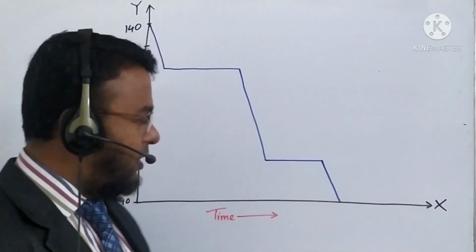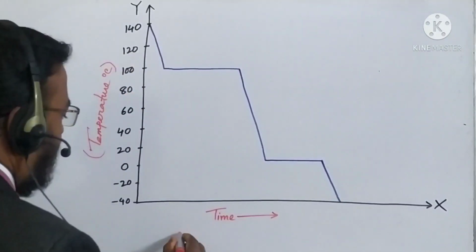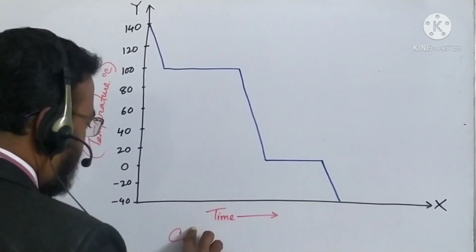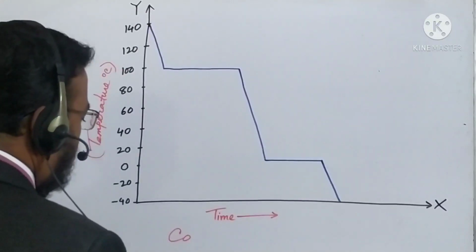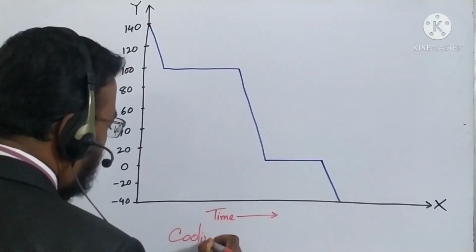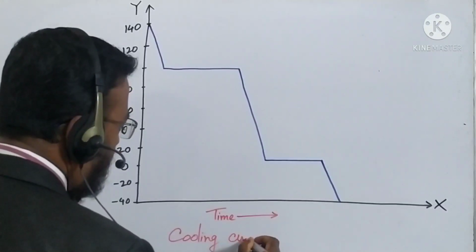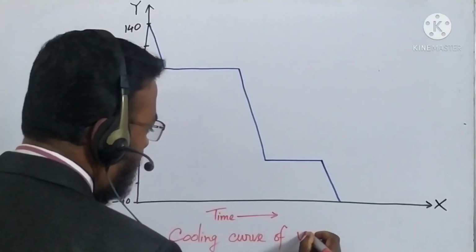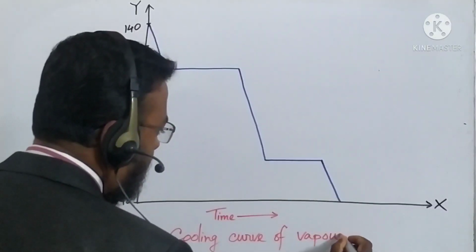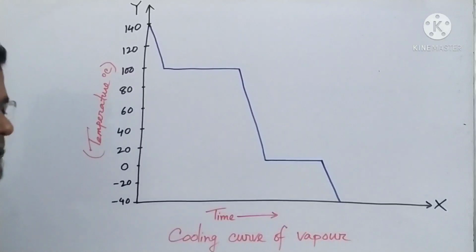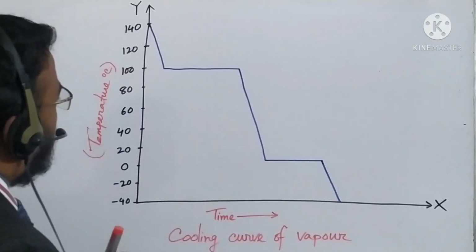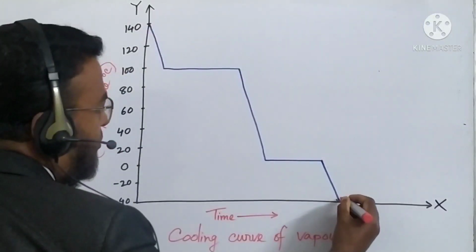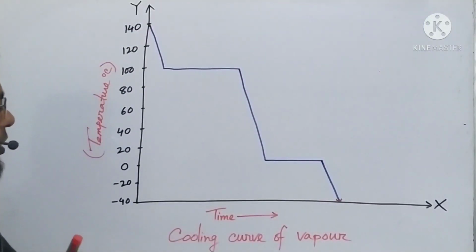Now, dear students, you see another graph, it is cooling. Just the opposite of the previous one. Here the line starts from 140 degrees and comes down to minus 40 degrees.